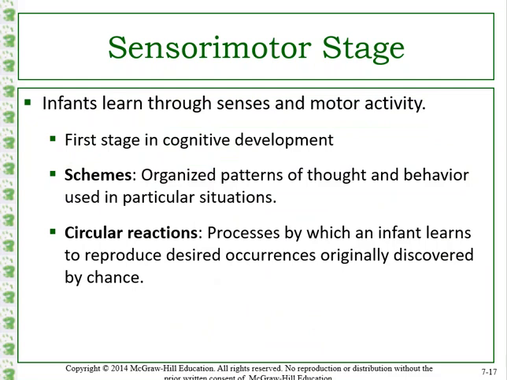What he noticed is that from infancy to about 2 years, children are in this sensory motor stage. What that means is their senses and motor activity are continuously engaging that infant in learning and understanding their own cognitive development.